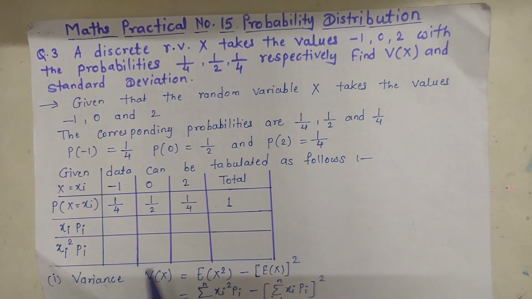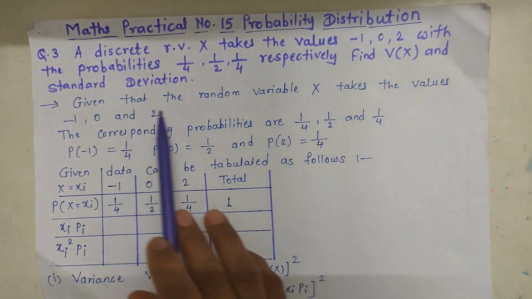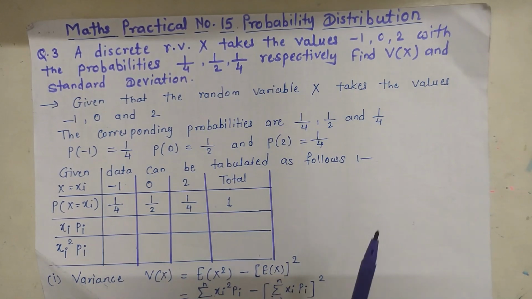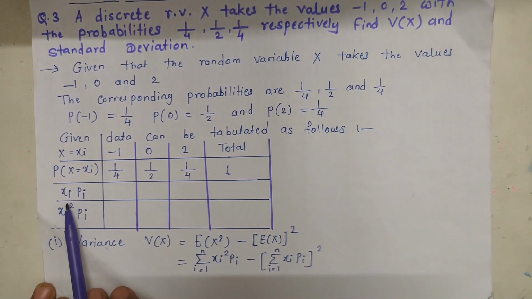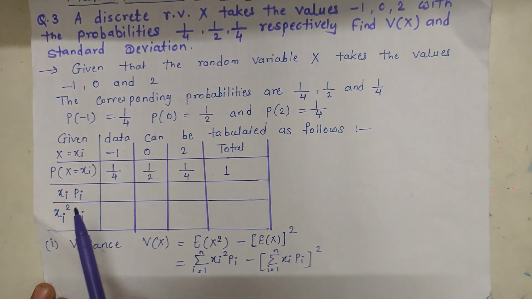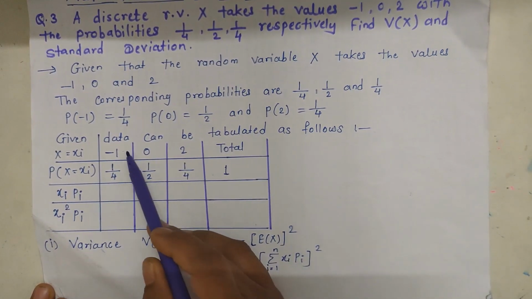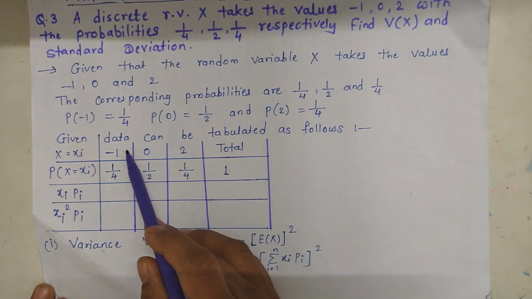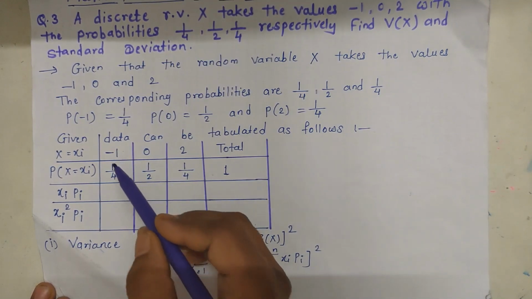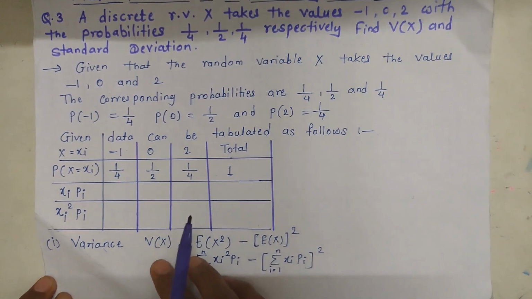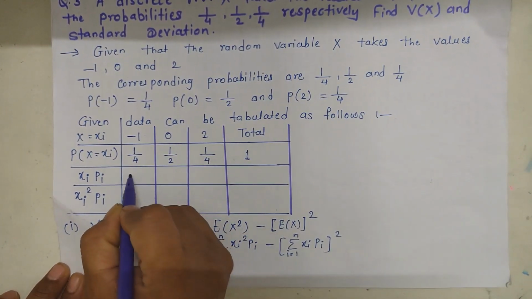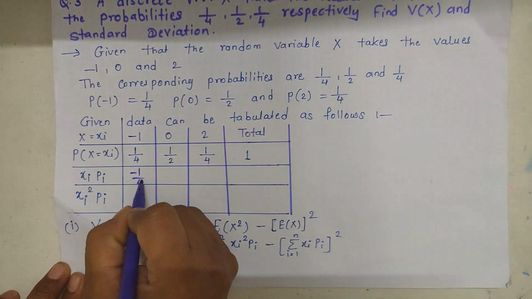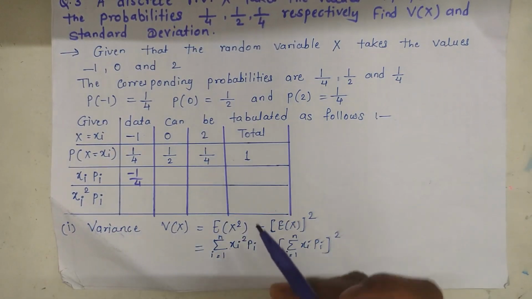Now, for finding the variance of x and standard deviation, we have to find some values. The first value is the product of xi and pi. So here write the product of corresponding values of xi and pi. First xi pi is -1 into 1/4, which is -1/4.